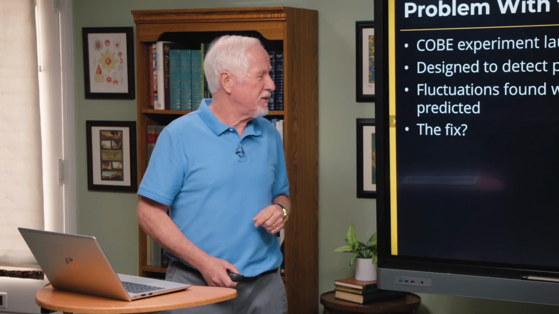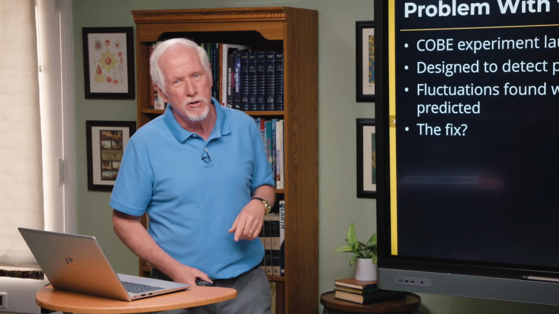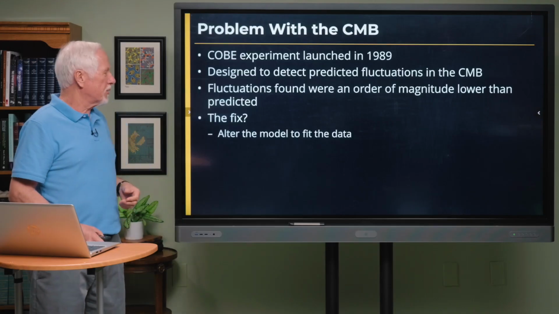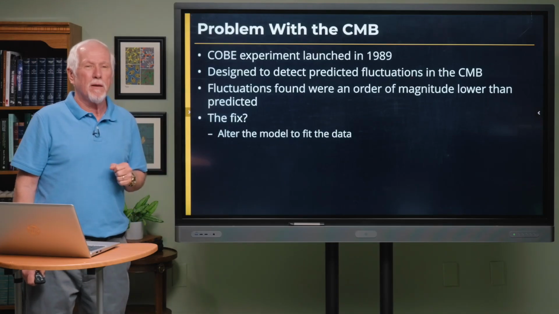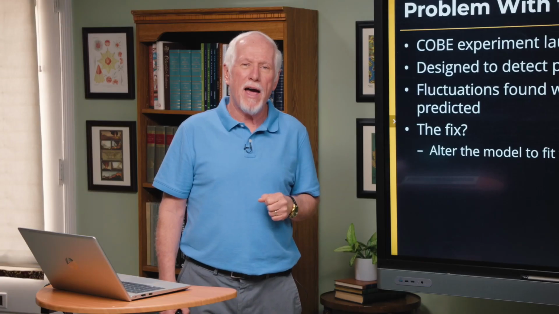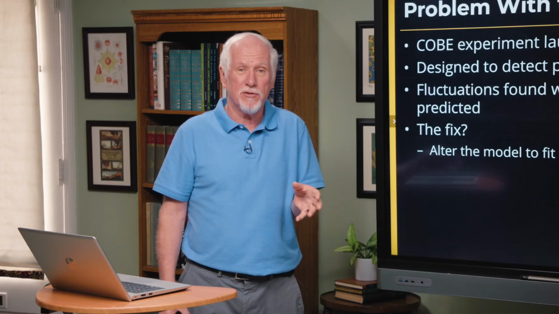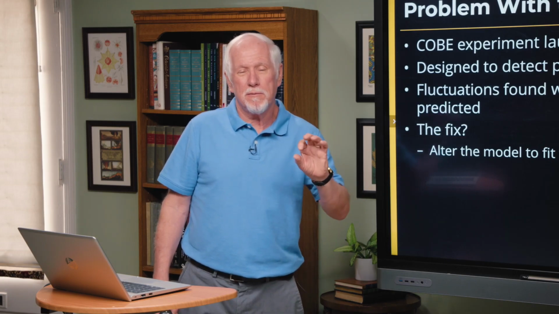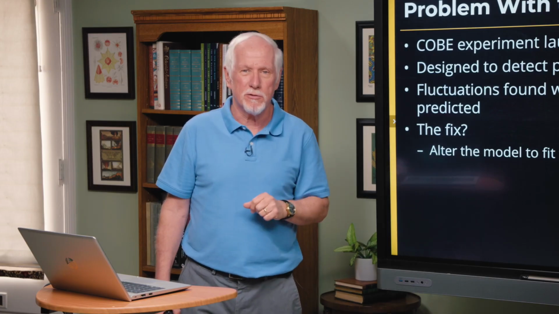Well, what was the fix? How did they fix this problem? Well, what they did is they took the data they had, which showed fluctuations of 1 part in 100,000, and they adjusted the model to fit the data. Now, bad enough, they turned around after the fact and tried to claim, and I've seen claims in print about this, I see them quite frequently, they say the data beautifully matched the model predictions.